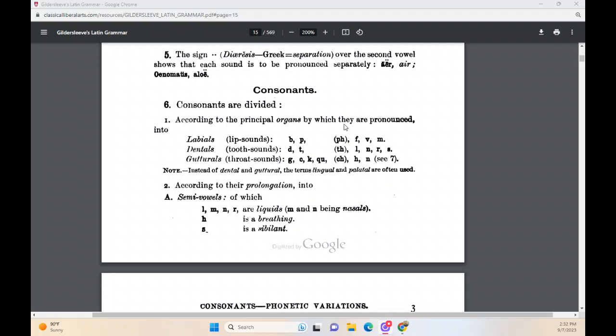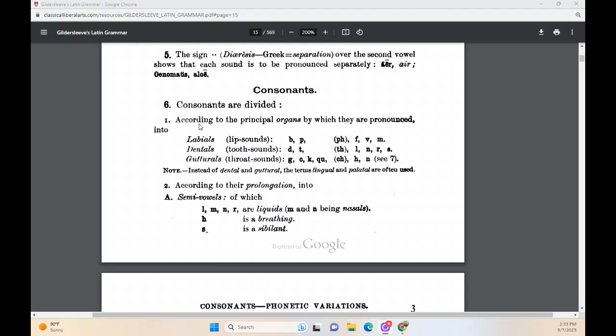So based on how we actually make the consonant sound, we can group consonants into three different groups, and we'll look at them in a minute. The second way we can divide consonants is according to their prolongation, or the amount of time that they're pronounced with. So this is very much like the division of vowels.